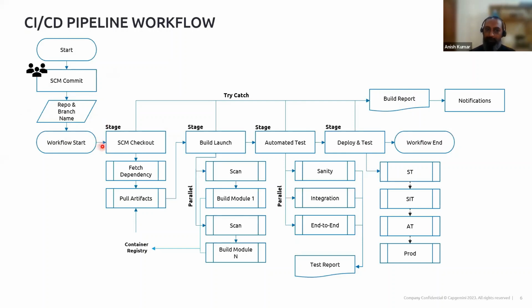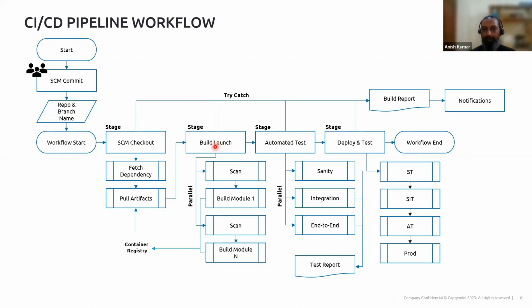The orchestrator for building and packaging your code listens to the recent changes, initiates itself, does the checkout of the recent changes, tries to fetch dependencies, if any, and pulls artifacts from your container registry if those are required. And once this activity is done, it launches the build.